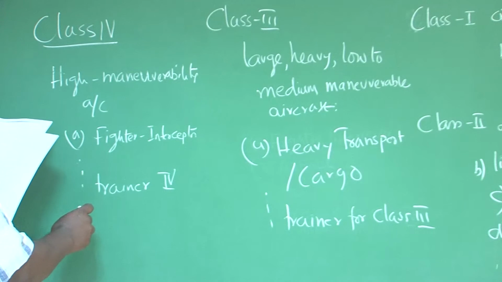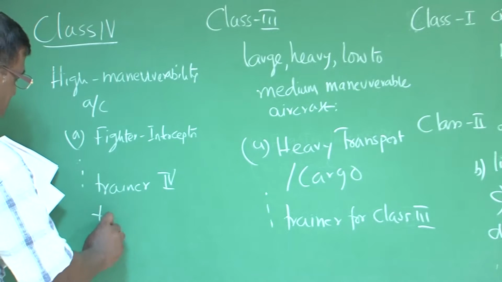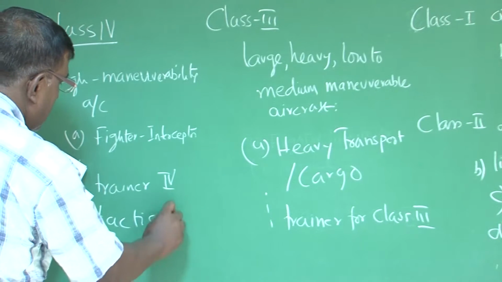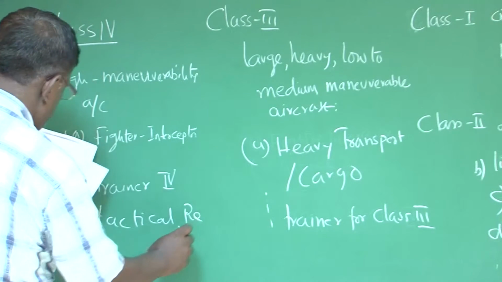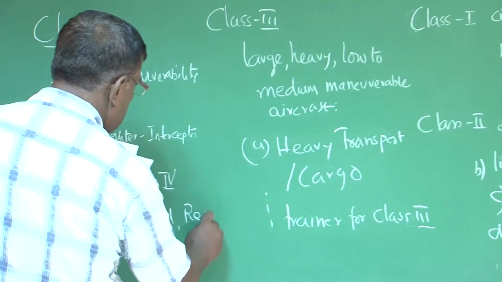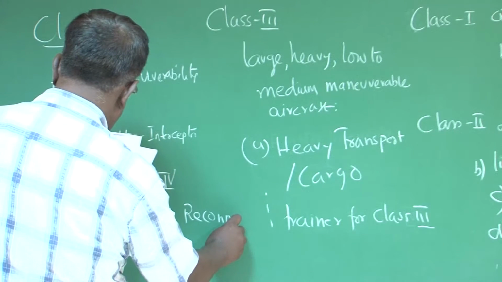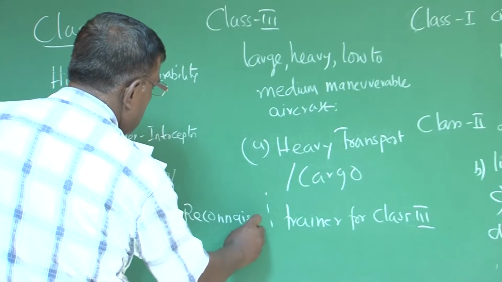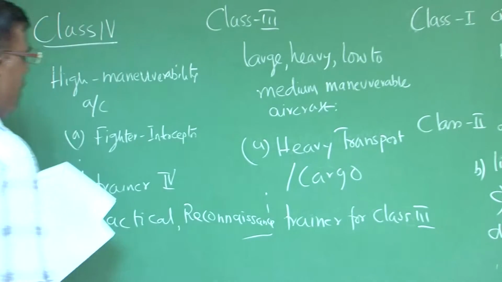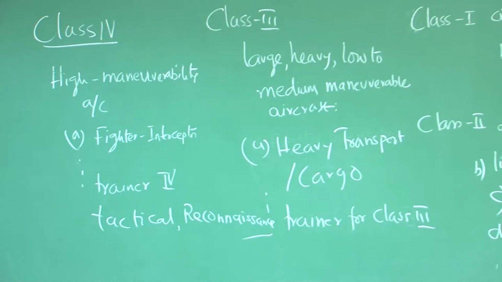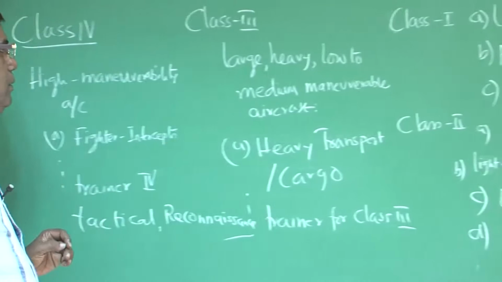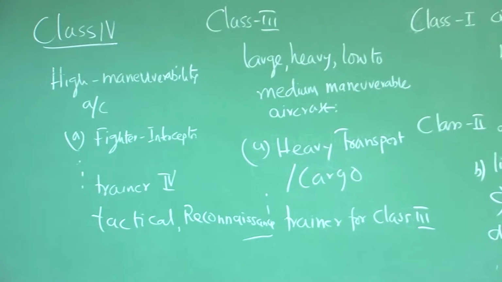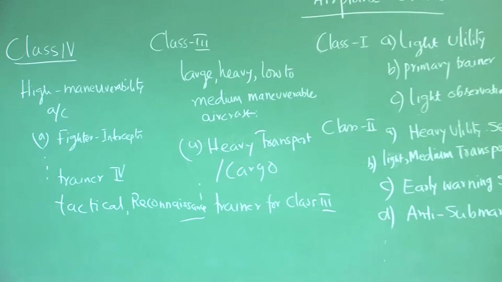If I add one more, it is tactical reconnaissance. So what is the first approach? Depending upon the type of aircraft vis-a-vis the type of performance required, there are four categories or classes of aircraft. This is one.